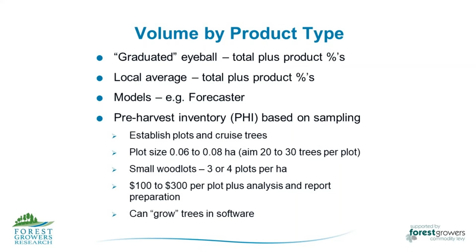In small woodlots, it is likely that the same number of plots in total would be required, which may equate to 3 or 4 plots per hectare. The cost ranges from $100 to $300 per plot, which will depend on such things as the terrain, undergrowth conditions, number of plots to be measured, etc. Plus, there will be the cost of analysing the data and preparing a report.